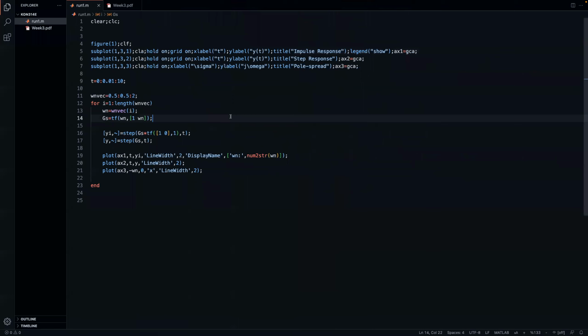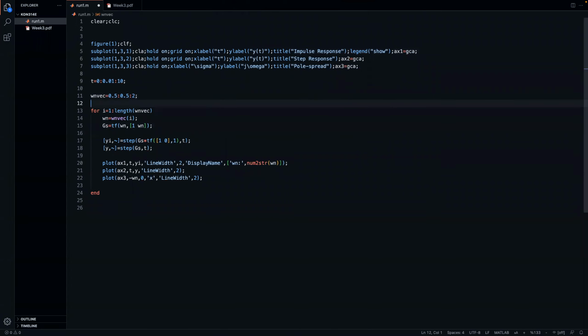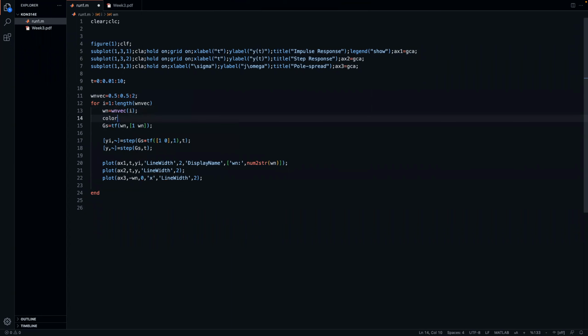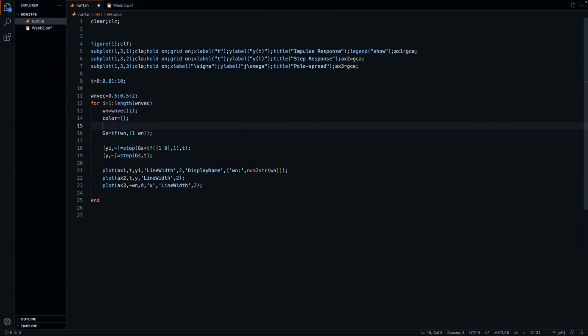I'd like to customize it a little bit more, where I create my own color gradients. You can provide a certain color in RGB to your plots in MATLAB by just using the keyword color and then providing the color. So I'm going to match everything's color like this.